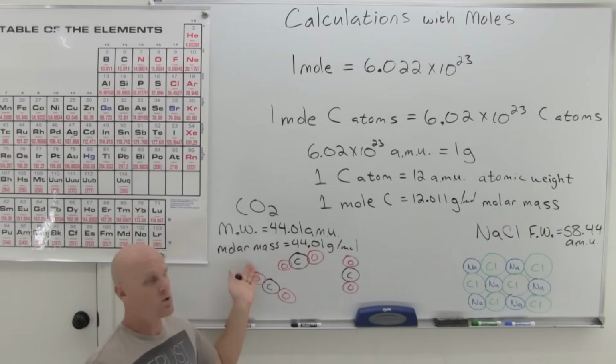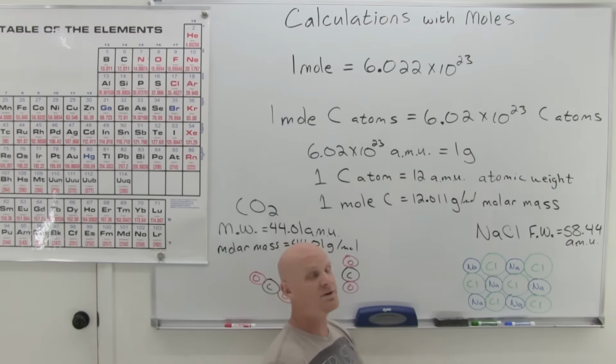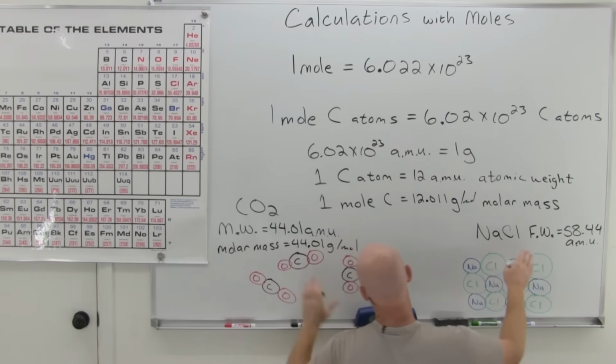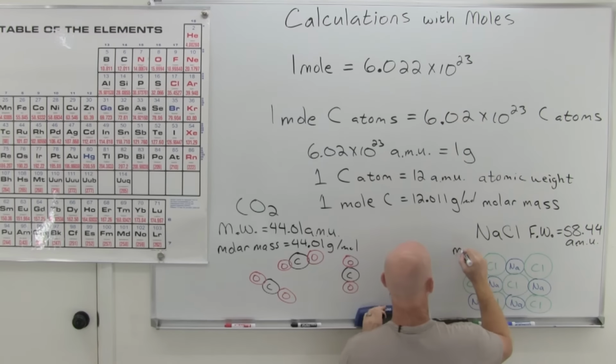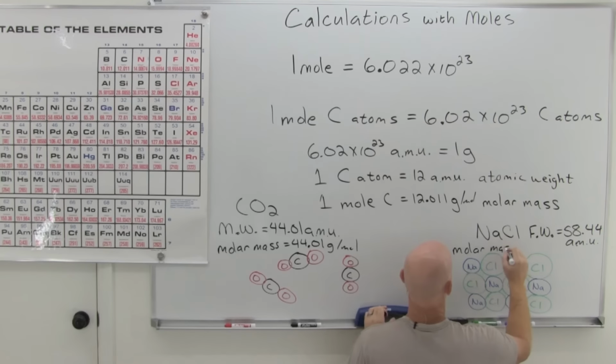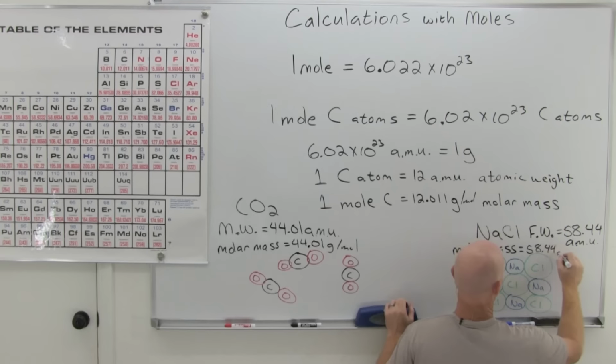Cool, and so we'd use the term molar mass. And same thing over here for NaCl. If we want 1 mole of NaCl, that would be the molar mass. And so molar mass is not going to have a distinction between molecular compounds and ionic compounds. It's just going to be called molar mass. And in this case, that molar mass would once again be 58.44, but now grams per mole.